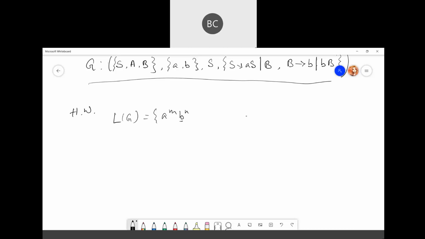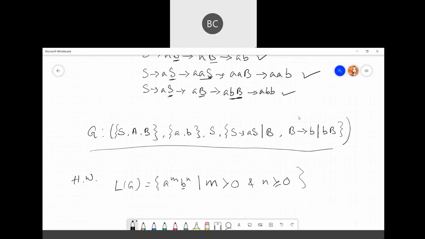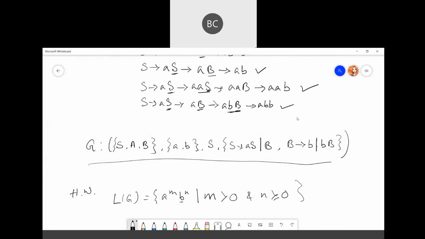It cannot come before a. Then I'm giving the conditions that m is greater than 0 and n is greater than or equal to 0. It's just simply the same language, but the conditions are different.